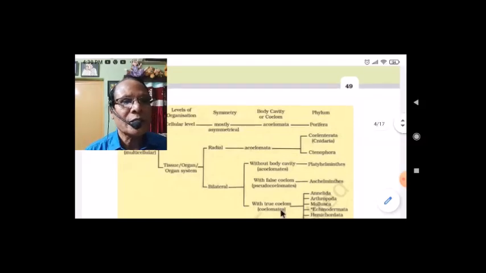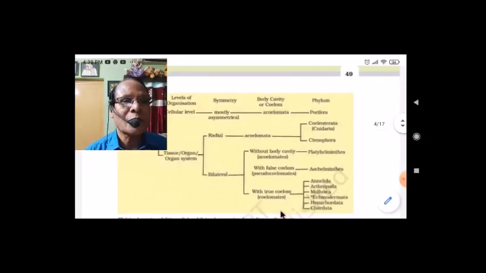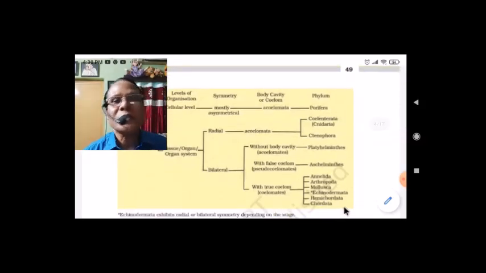So, based on the nature of development or the fate of the blastopore, the animals are classified into protostomes, P-R-O-T-O-S-T-O-M-E-S, and another one, deuterostomes, D-E-U-T-E-R-O-S-T-O-M-E-S. Protostomes means here the blastopore develops into the mouth. The mouth is formed first, as in the case of annelids, arthropods, mollusks.